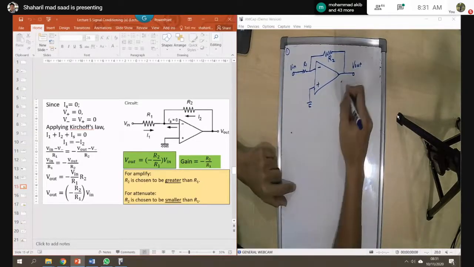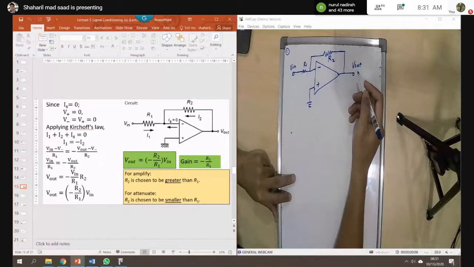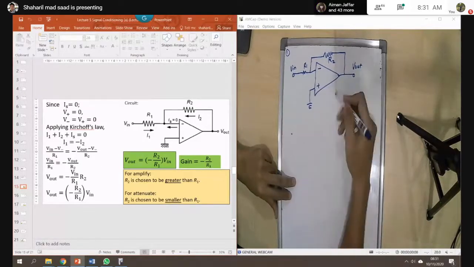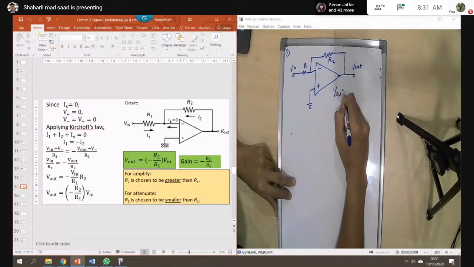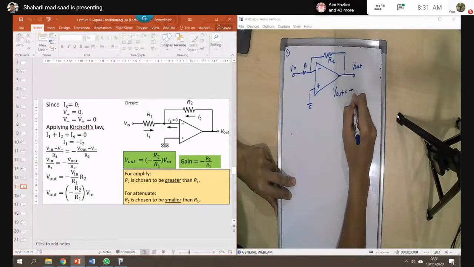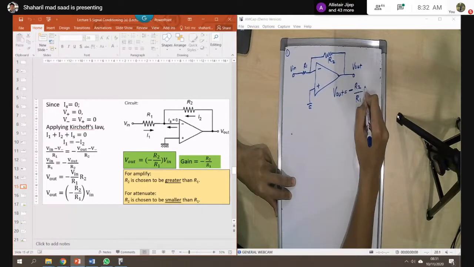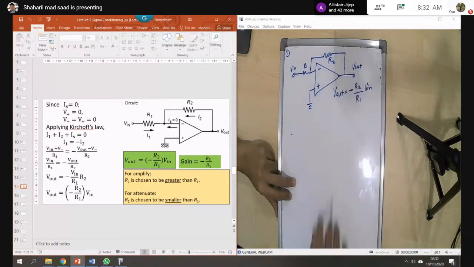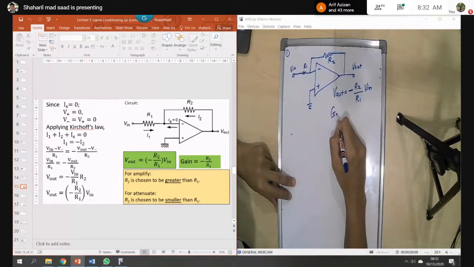Based on the derivation shown on the slide, we get V out is equal to minus R2 divided by R1 times V in. So where is your gain?